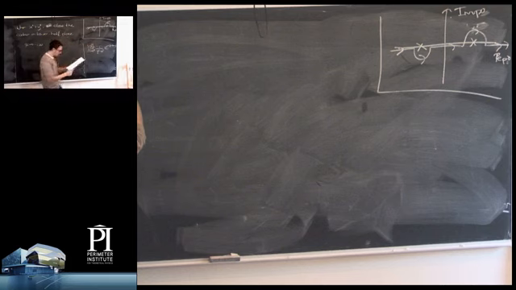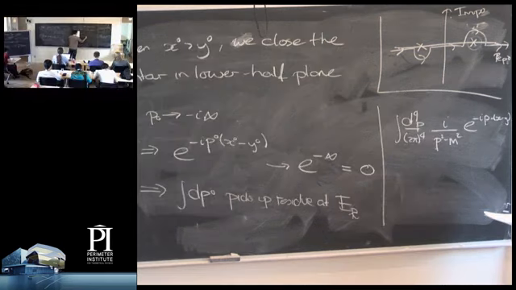But when P0 is minus i infinity, if this is positive, what we get from this bit is e to the minus infinity, which is 0. So this is the answer to your question: when this inequality holds, if we close in the lower half plane, this extra piece of the contour gives 0.